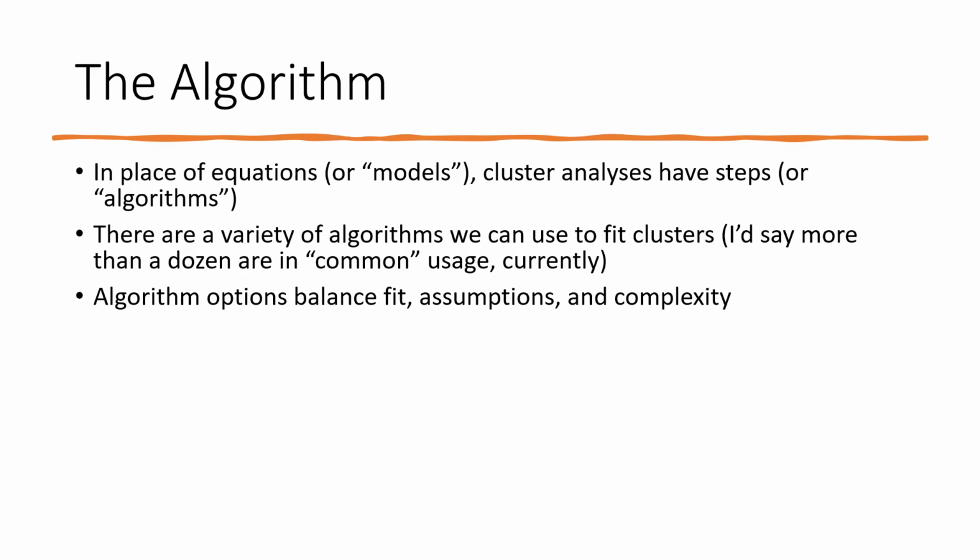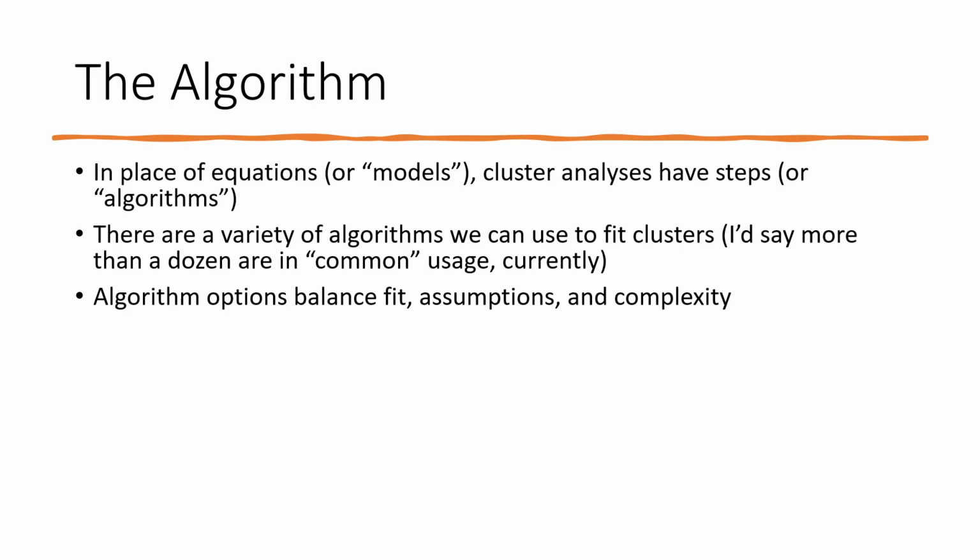These different options that we have, I mean, people just don't make these for fun. I don't know, maybe they make them for fun. But the goal is to come up with, for a particular context, an option that balances between the fit accuracy, the assumptions that we make about the data, and the complexity of the algorithm itself and its interpretation.